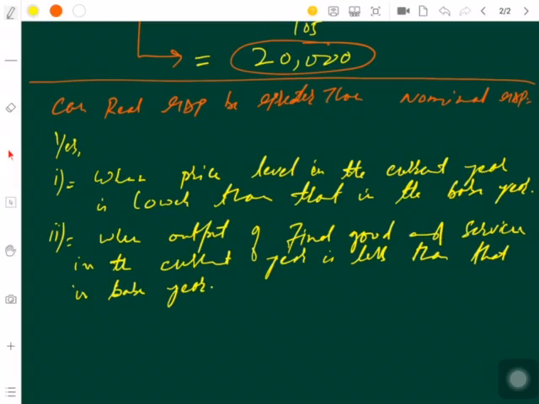So now you can relate the two. First is when price level, second is when output of final goods and services. That output commands a price. That means we are talking of the same thing; these are two faces of the same coin.